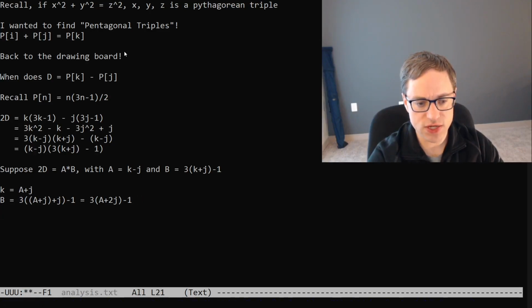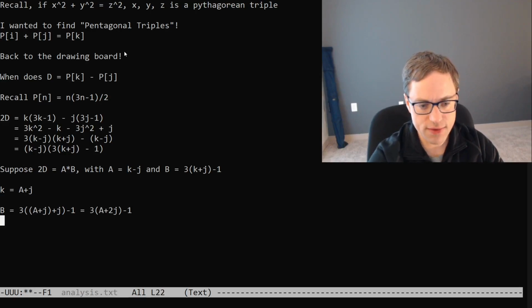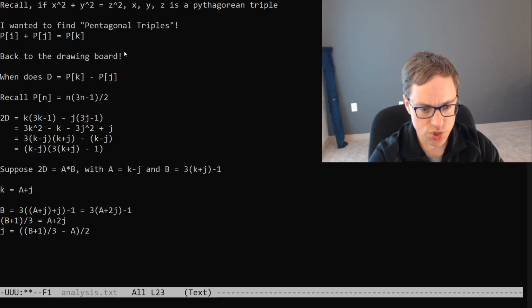Now we can solve for j. And so we'll say b plus 1 over 3 is going to be equal to a plus 2j. And so then we have j is going to be equal to b plus 1 over 3 minus a, all over 2.